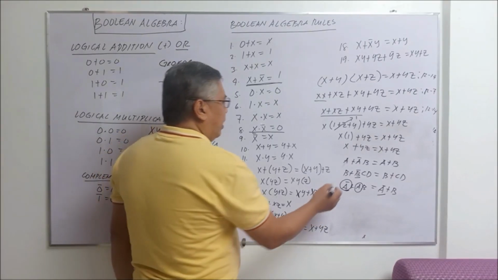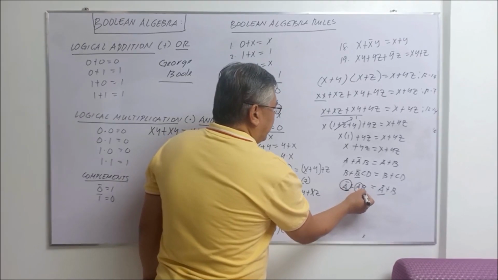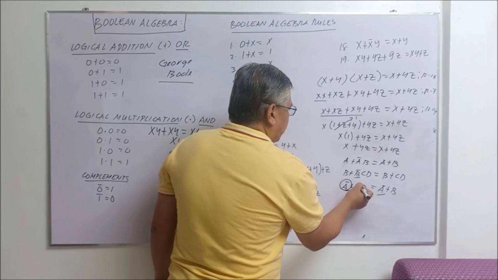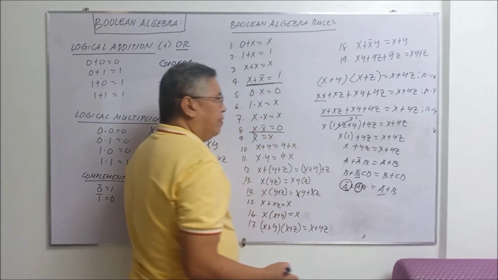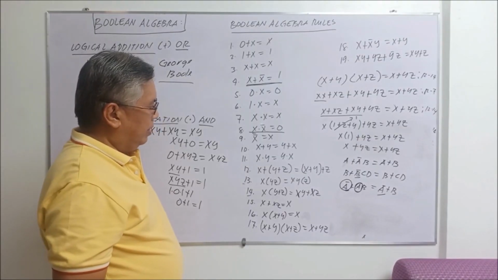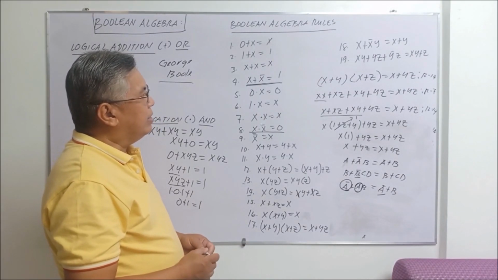In this particular case, a bar is a single variable, and a here is multiplied to another variable, which is b. So this one here will be removed from the equation.